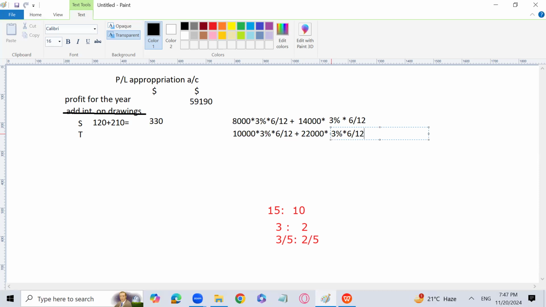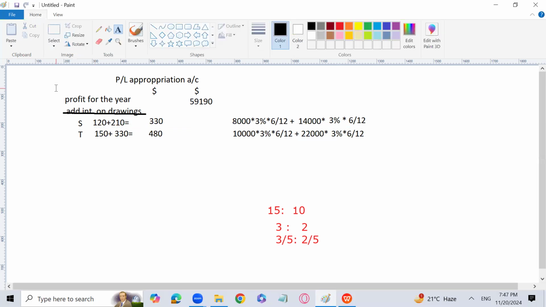You will get the interest on drawing for T, and that will become 150 for the first half. And the second one is 330. So I will write here 150 for the first 6 months and 330 for the last 6 months. So the total is going to be 480.